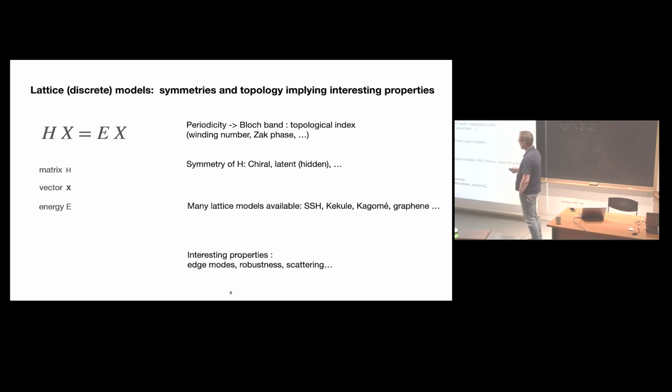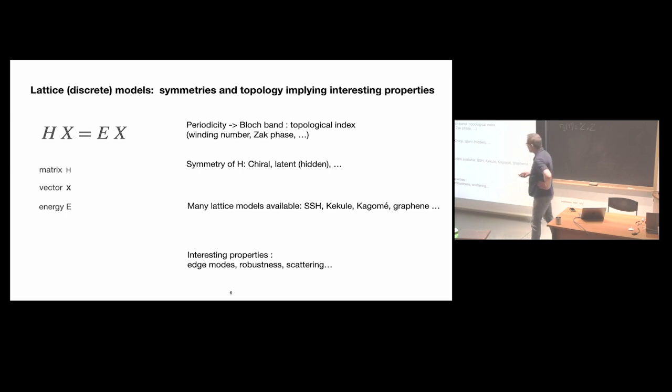So in this type of system, as this morning, you can have the Zak phase, winding number, a lot of indices that tell you that with this building block unit cell, afterwards you can construct interesting physics. Then you have the symmetry of H that can be of different styles, like the chiral one. I will go back to it after, and as well something else that can be latent symmetry.